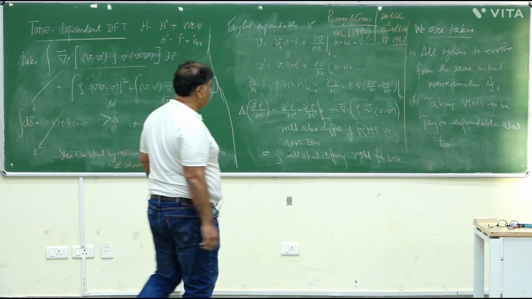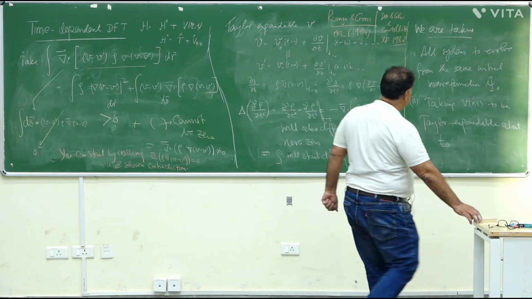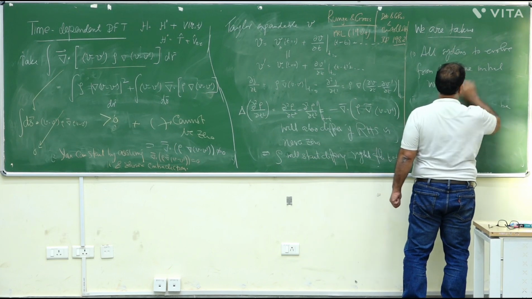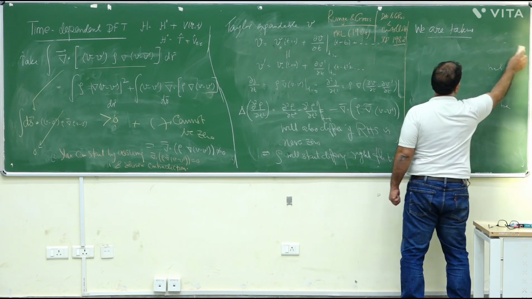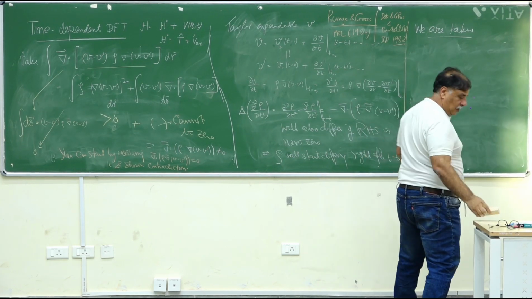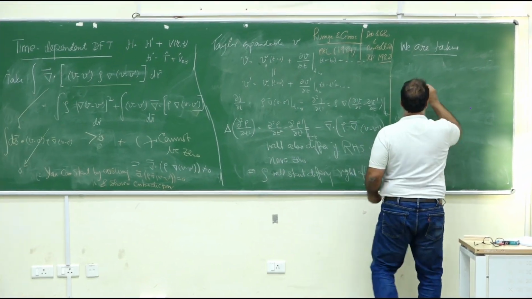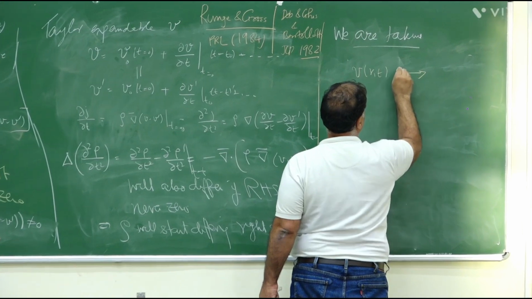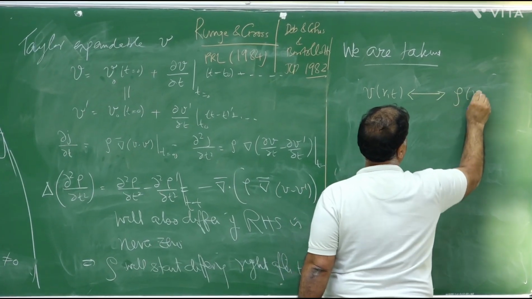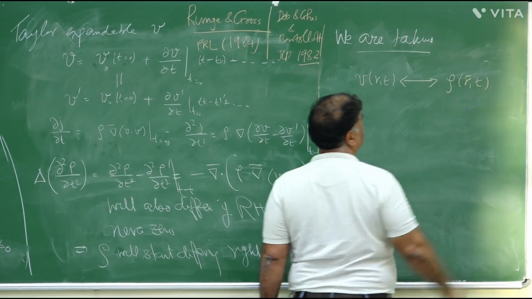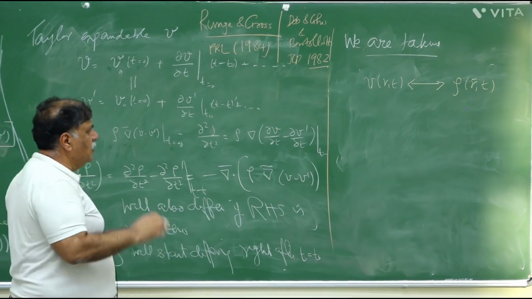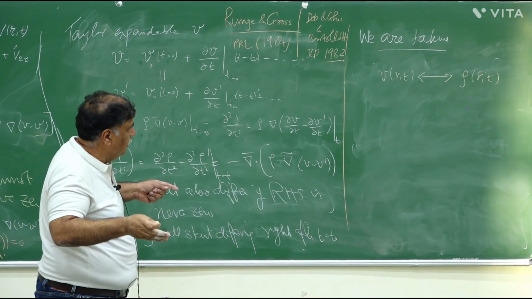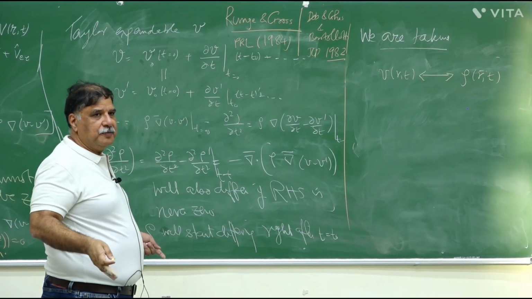Okay, so in a way, what has been shown is that the wave function evolves in such a way that each V(r,t) gives a unique rho(r,t). Therefore, if I know it for the entire time, there is a unique relationship.